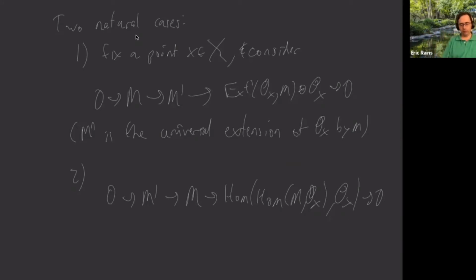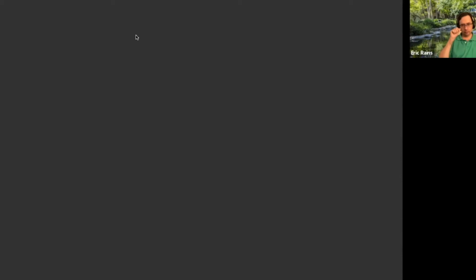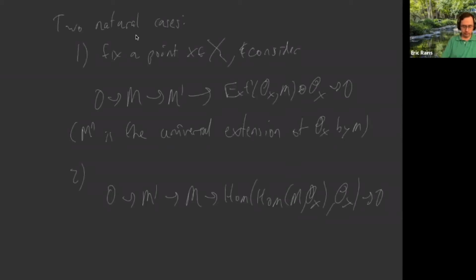So these are the 2 natural types of isomonodromy transformations we're led to by this observation that isomonodromy transformations are changing our sheaf by something 0-dimensional. Okay. So, and so we'll see later, this is most natural.